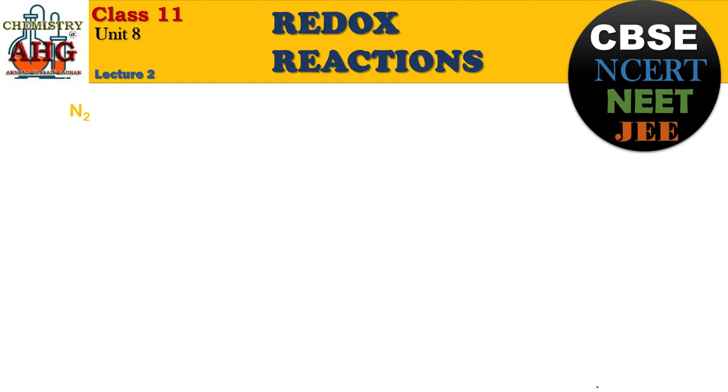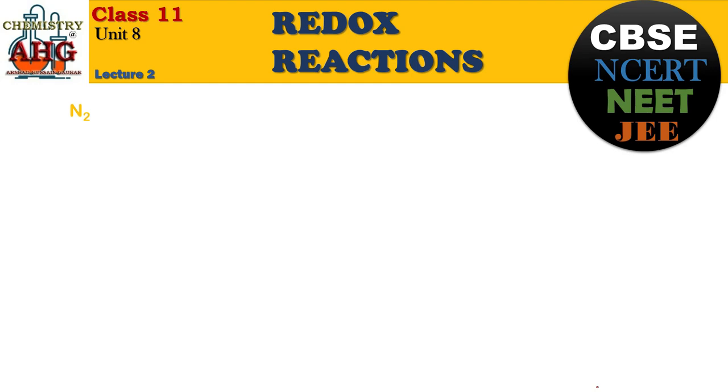Okay. One thing remember, whenever you are given two atoms of the same element. Now what does this mean? There is a bond between these two atoms which are identical, having the same number of protons, the same nuclear charge. Both the nuclei will attract the electrons with equal force.